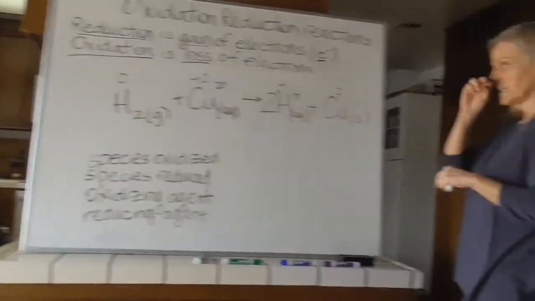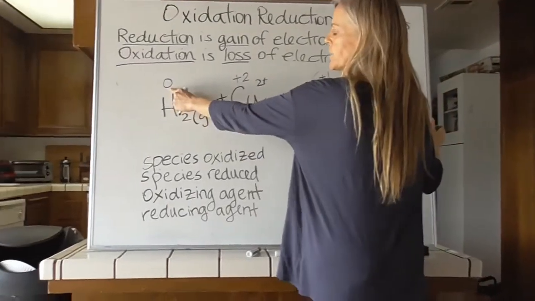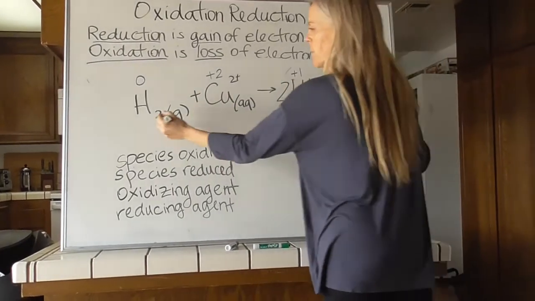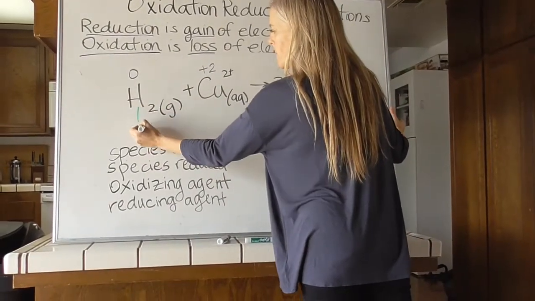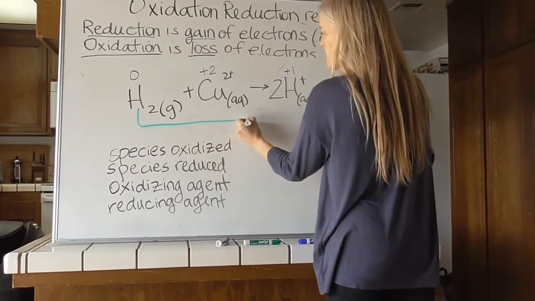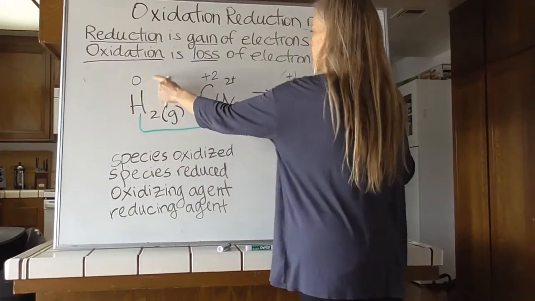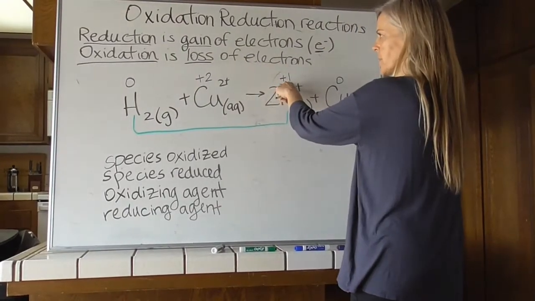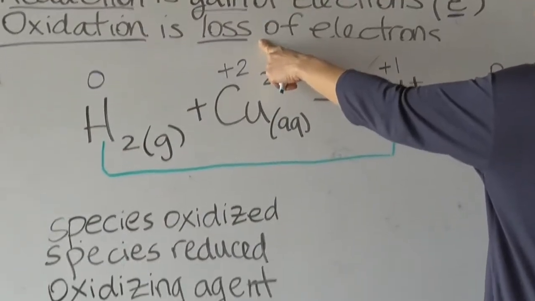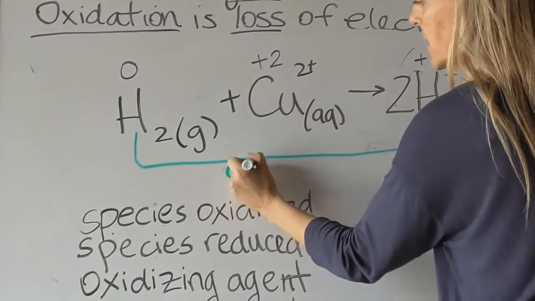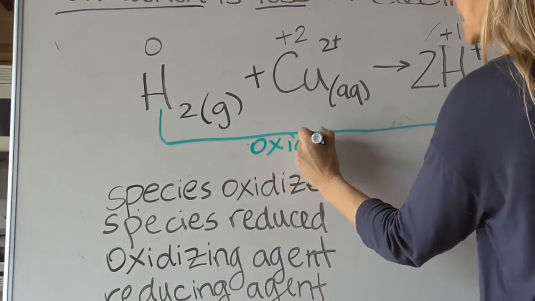So for the hydrogen, if you look, the hydrogen went from 0 to +1. If something goes up in oxidation number, it's because it lost something negative. So that's our oxidation.